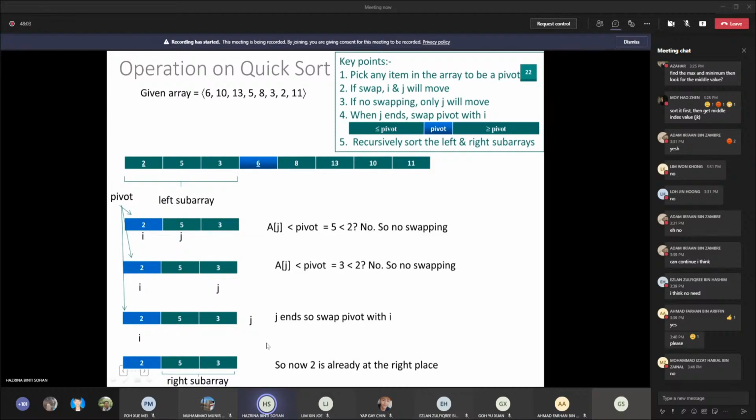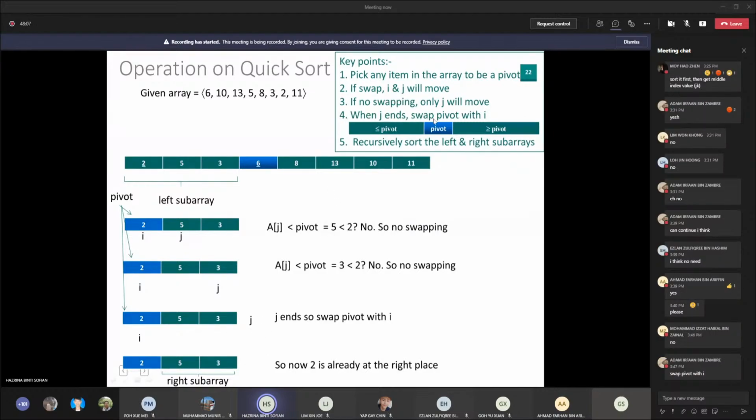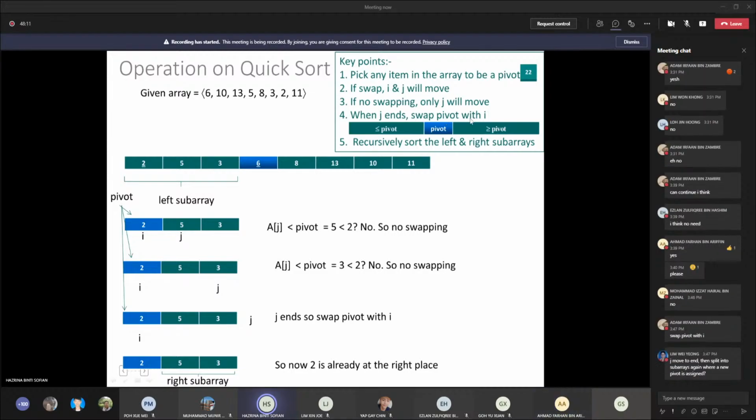So J ends. When J ends, what we do is swap the pivot with I. Thank you. So you see, we want to swap the pivot with I. The pivot and I, is it the same thing?